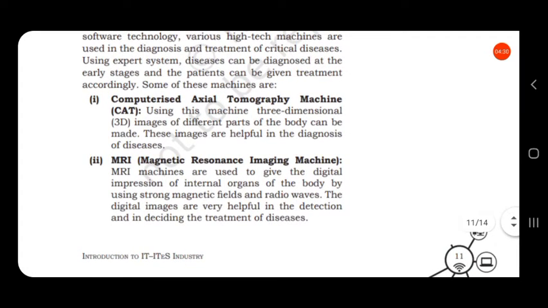So using the CAT machine, we can view the three-dimensional image of the different parts of the body. By rotating the image itself, we can see the different parts of the body. So a three-dimensional view of the body parts can be obtained through CAT.